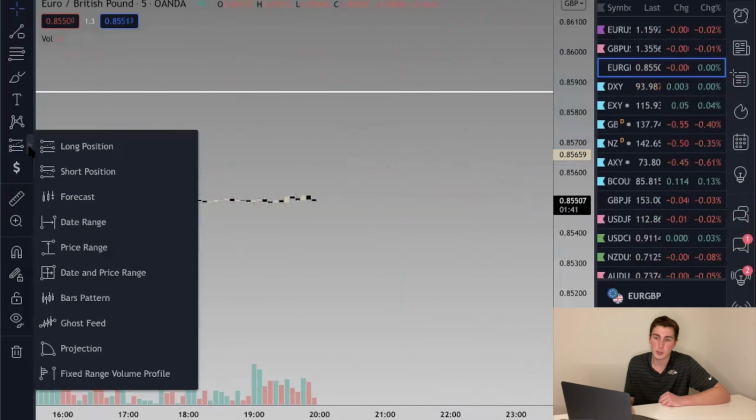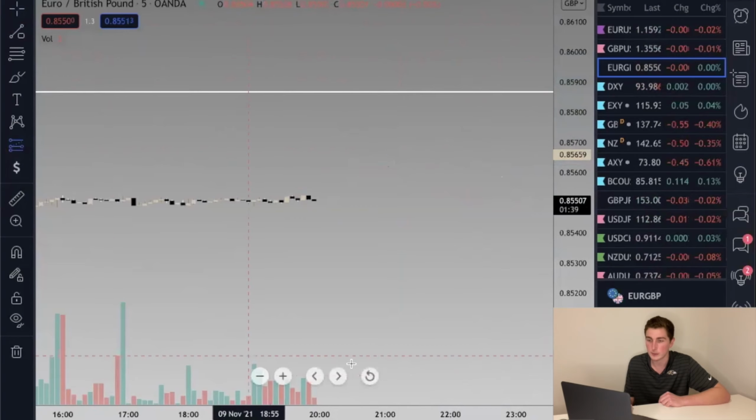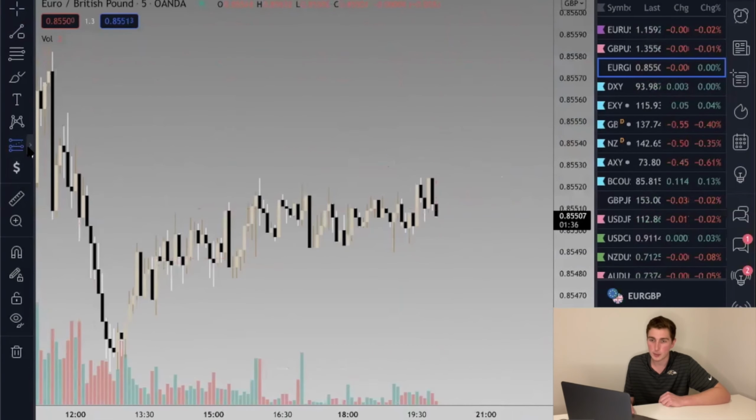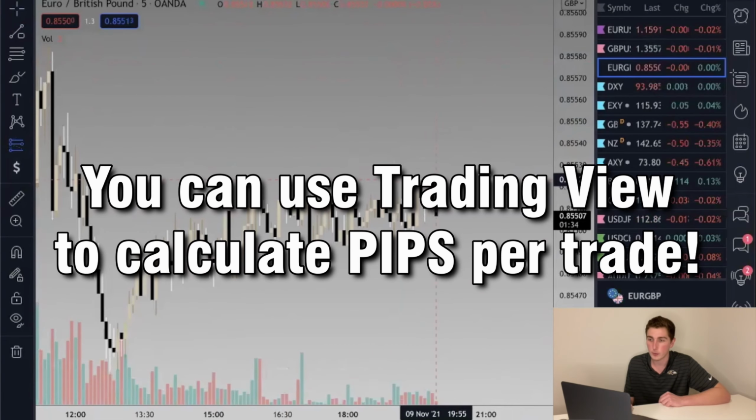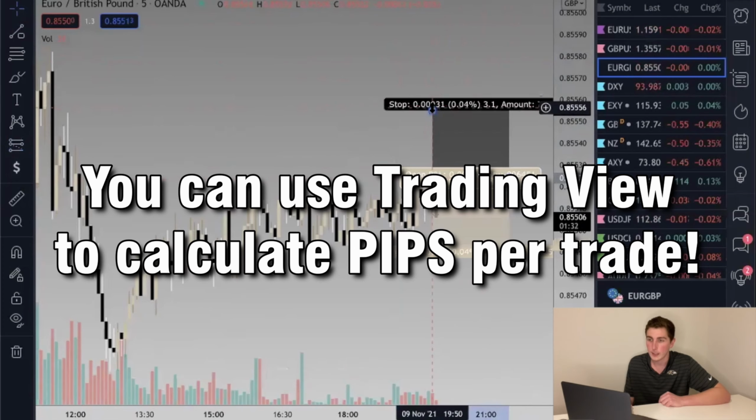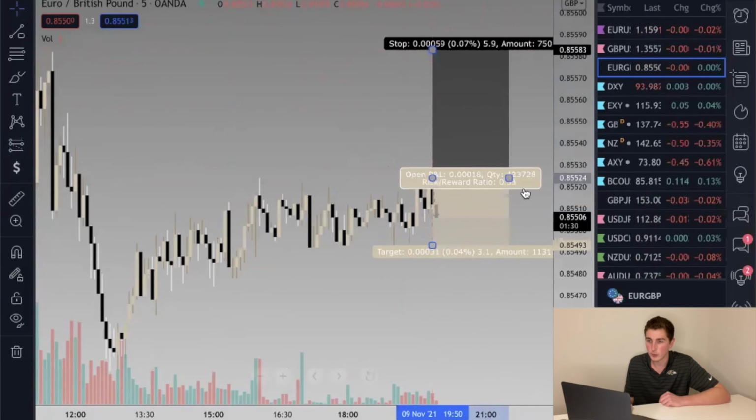Another feature that I want to show you guys on TradingView, and the reason this video is being made on TradingView, is because you can then use TradingView as a tool to help you better calculate it. So this is your stop loss, and yours will look something more like a red, and then a green, mine is black and tan. And you can see right here is where the pip counts are being given to you.